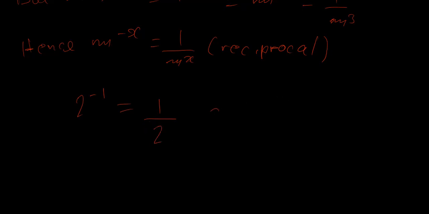Or if we're given 3 to the power negative 4, this is just the same as 1 over 3 to the power 4. So this is reciprocating, the reciprocal of this. This is what is happening here.